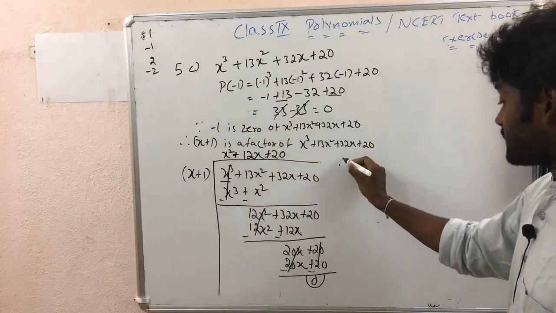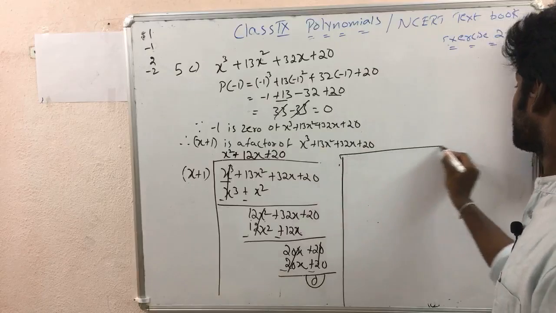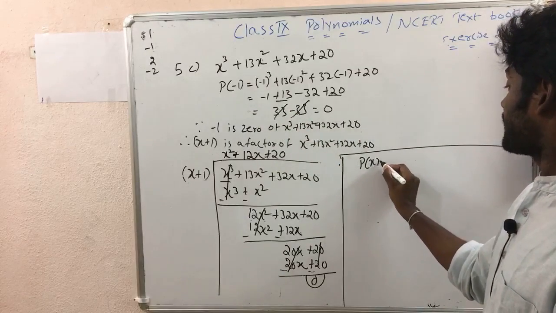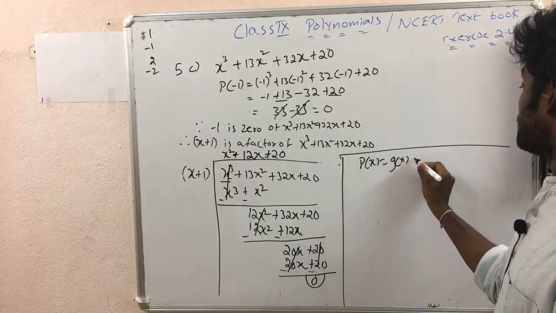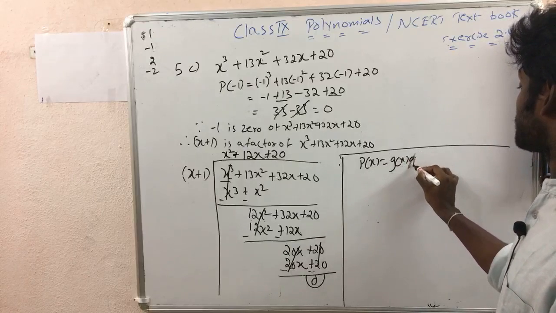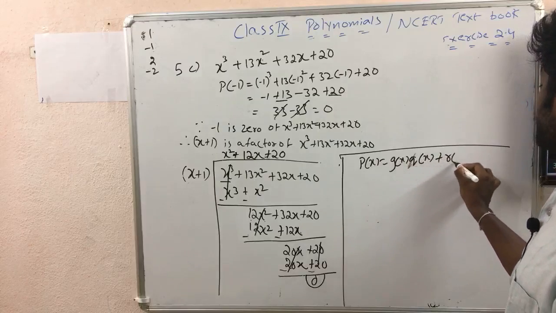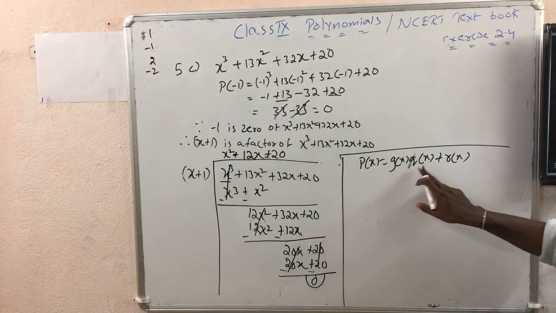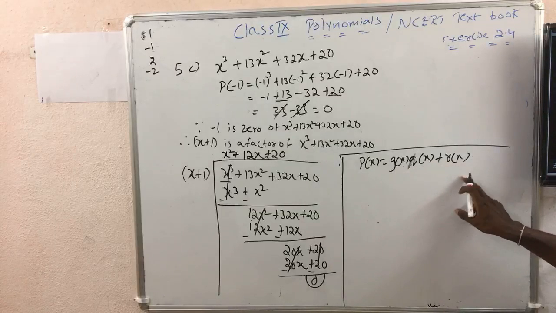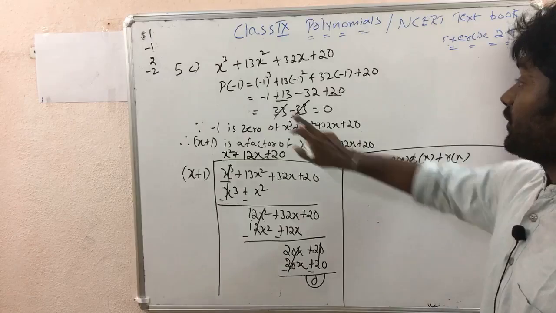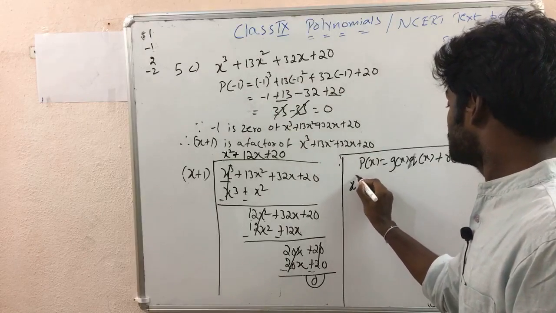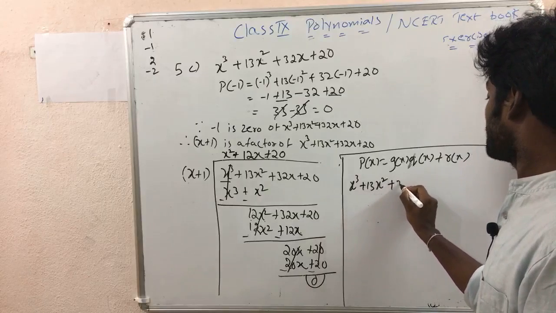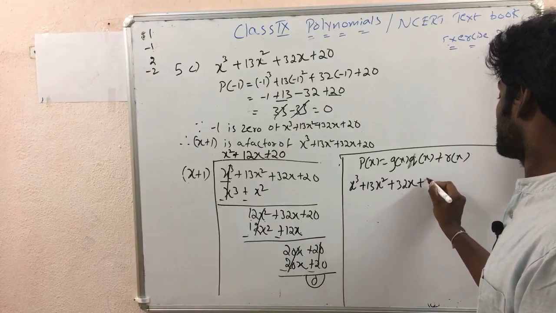So I can write this now using the division fact, P of x equals g of x into q of x plus r of x. That means dividend equals divisor into quotient plus remainder. So what is the P of x here? x cube plus 13x square plus 32x plus 20.